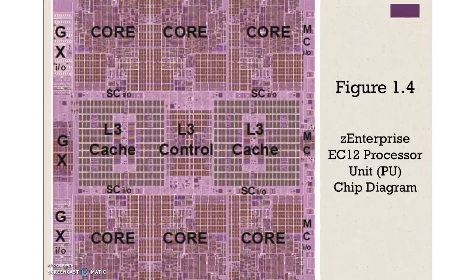Following our top-down strategy, in this figure we can zoom in and look at the internal structure of the processor. And this figure is a photograph of the processor chip. This chip has 2.75 billion transistors. The superimposed labels indicate how the silicon real estate of the chip is allocated.